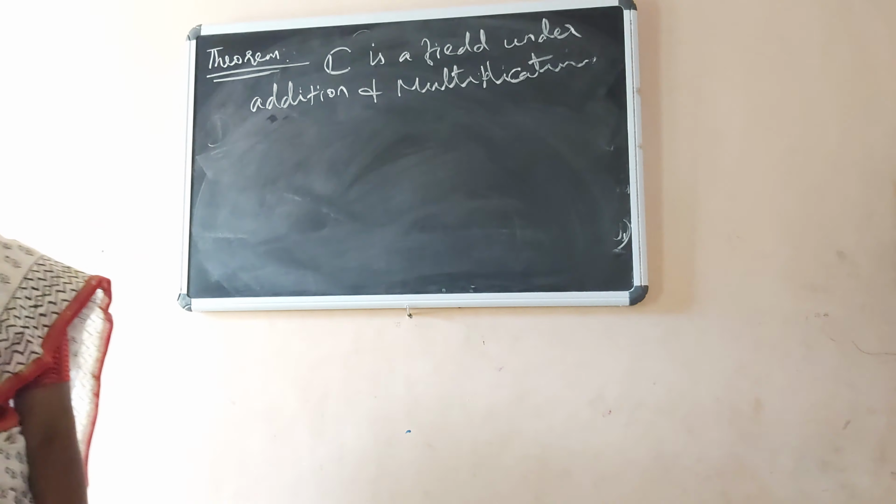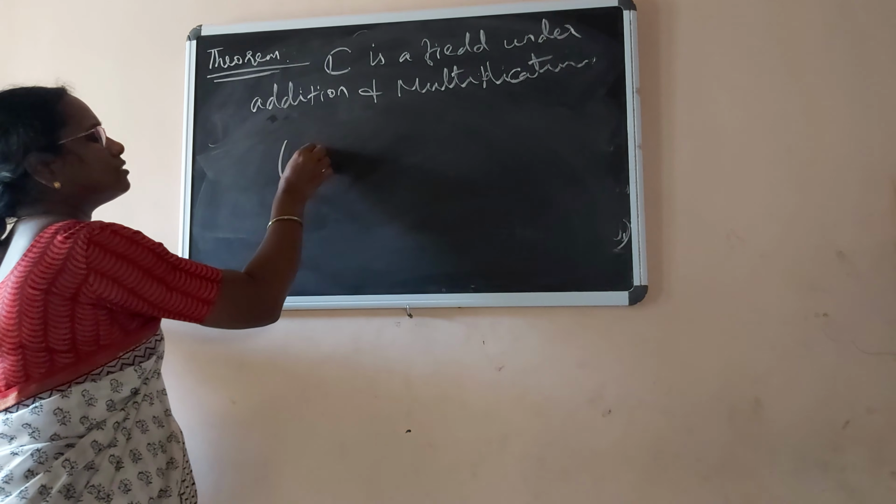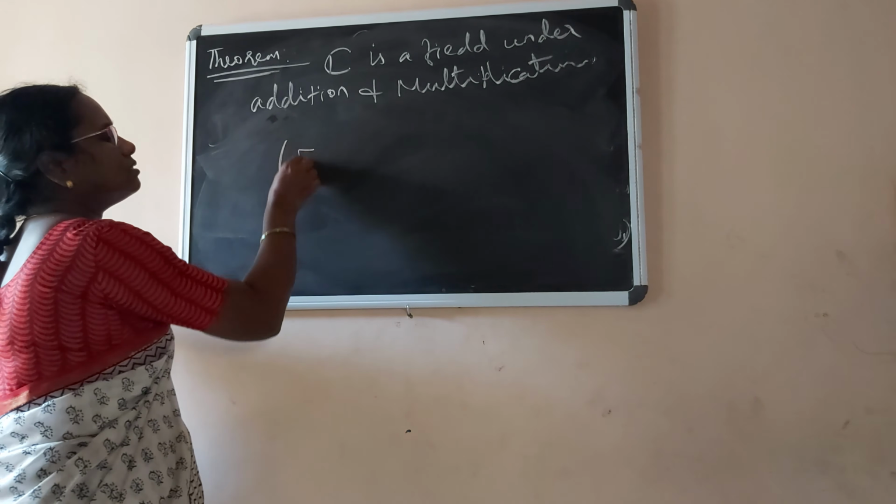A field is nothing but a system. For example, a system F, plus, dot is a field if it satisfies the following conditions. First, F comma plus is an abelian group. The second one is non-zero F dot is an abelian group.